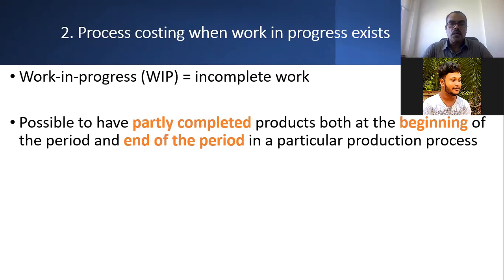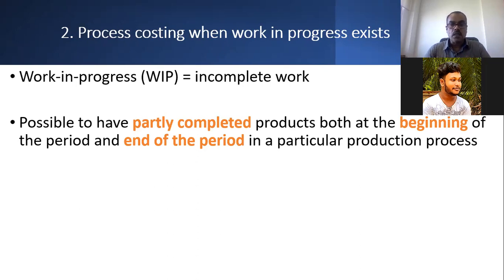So if they are incomplete, for financial accounting purposes, you can account in the way that you like. But for costing purposes, how are we going to ascertain the cost of a unit? In a particular process, a large number of products could be manufactured.